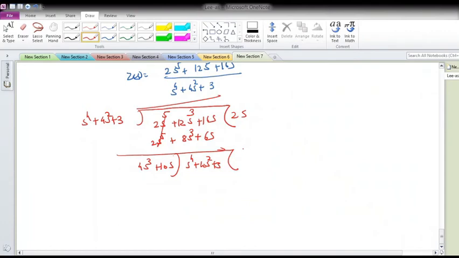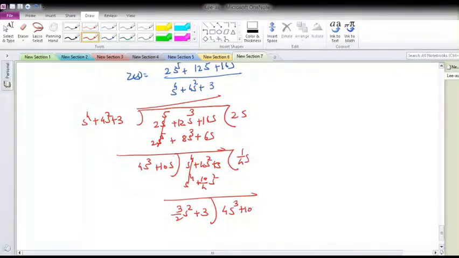You divide it, it will be 1 by 4s, so it will be s raised to 4 plus 10 by 4 s square. Okay, so from that this will vanish, you will get 3 by 2 s square plus 3, then this is the divisor and the dividend is 4s cube plus 10s.